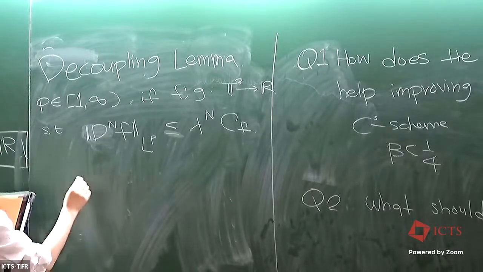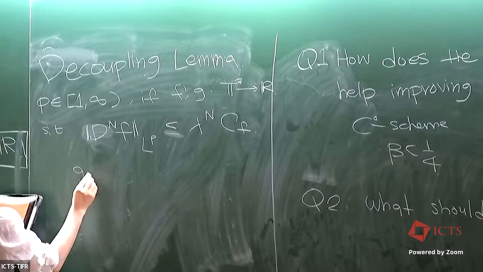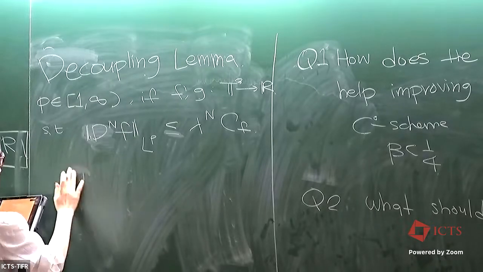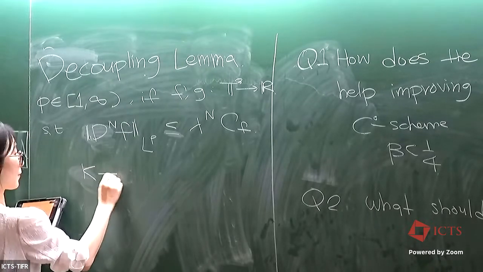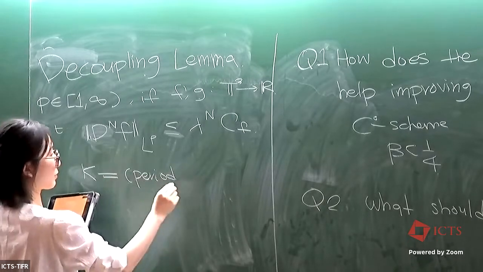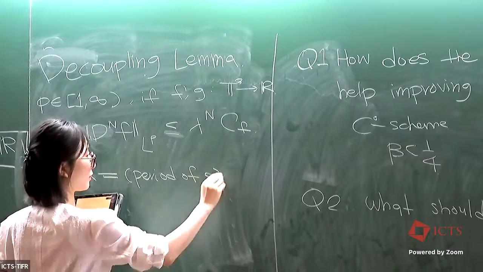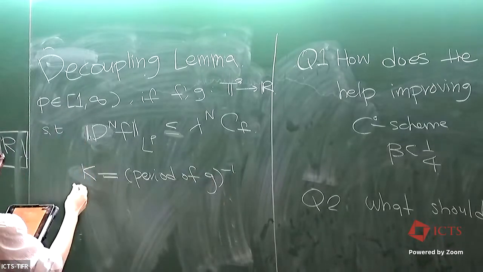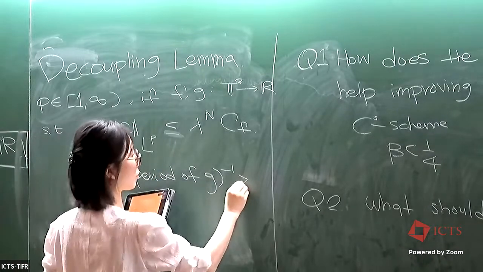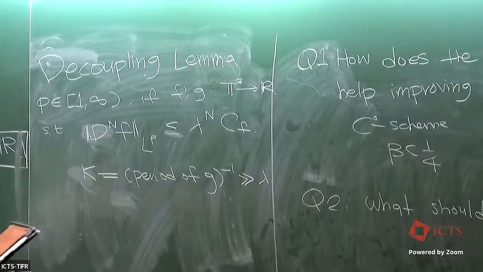And then let's say g is periodic with the period kappa. So let me write: kappa is the period, kappa inverse, period of g, and its inverse is much larger than the derivative cost of f.